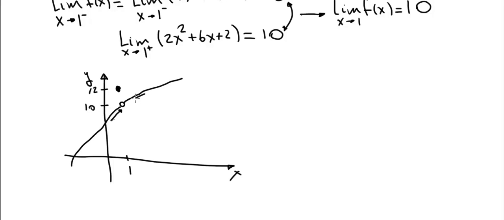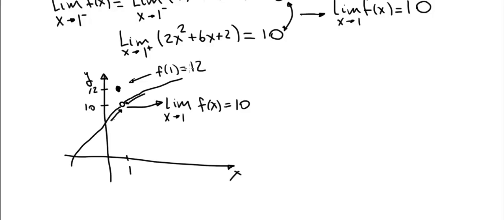Similarly, when we approach x from the right, the graph is heading toward this missing point here whose y-coordinate is 10. That's the limit. So the limit as x approaches 1 of f of x is equal to 10. But this right here is the actual value of the function f of 1. That's equal to 12. They do not have to agree with one another. They could be different. The limit is one thing, the value of the function is another.